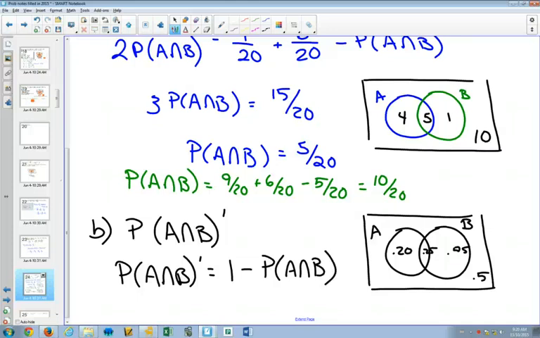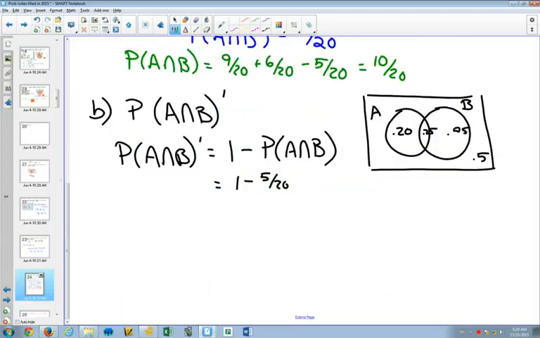And we knew that the probability of A and B was 5 out of 20. So if we do 1 minus 5 out of 20 and get a common denominator, because 1 is 20 out of 20, we'll have 15 out of 20 for the probability of not A and B.